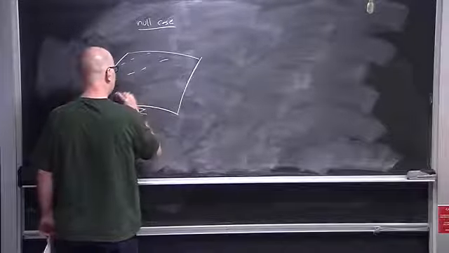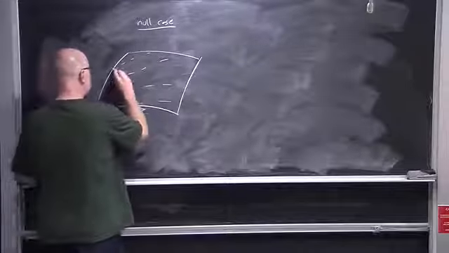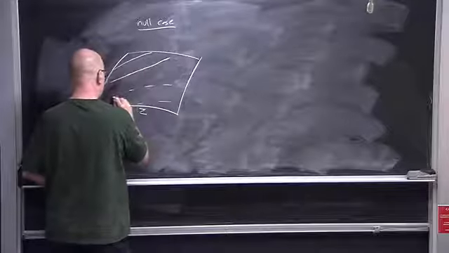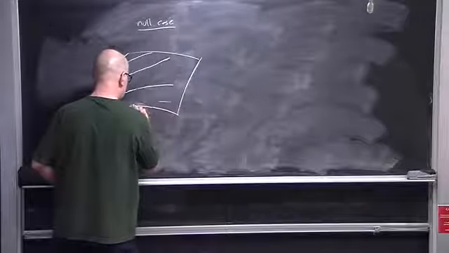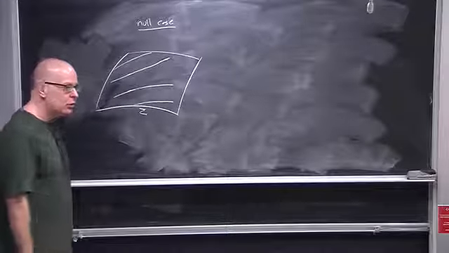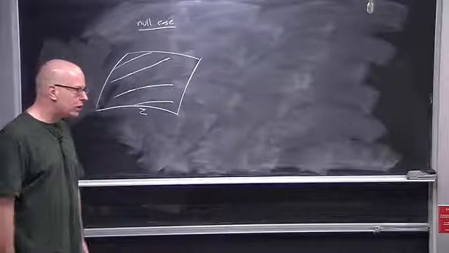And we established this morning that, so I might as well draw them in full, those null curves along which k is tangent are geodesics. And what we've done was to use that to our advantage, basically, to set up a coordinate system.